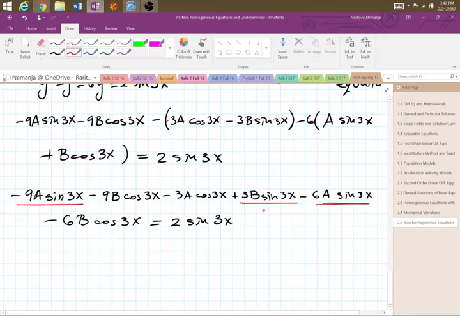This one has a b in it, so I'm just going to underline that one twice. So what do I have? I have the ones with sine: negative 15a sine 3x plus 3b cosine 3x.